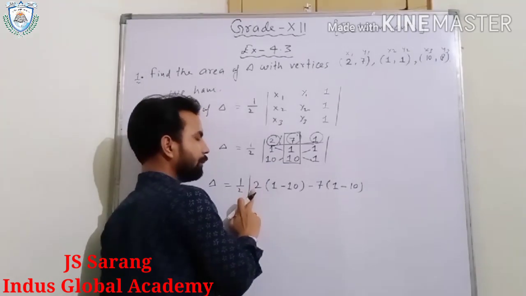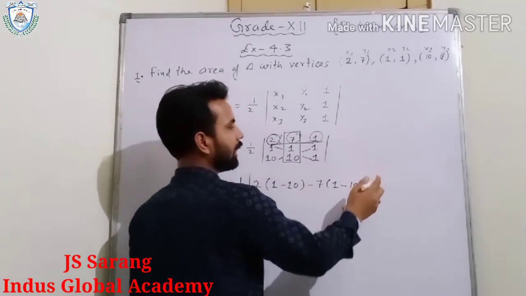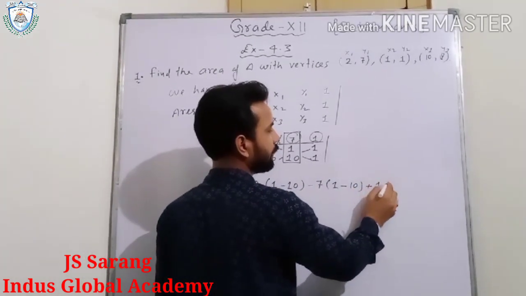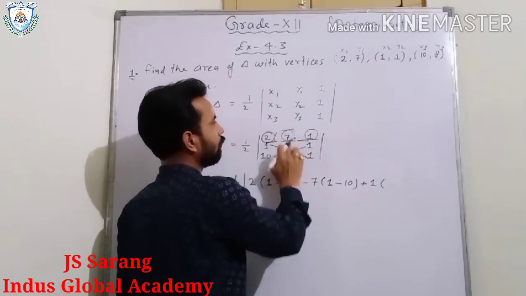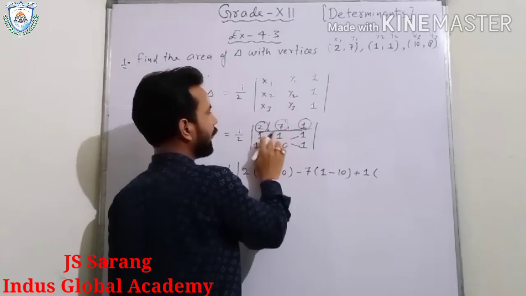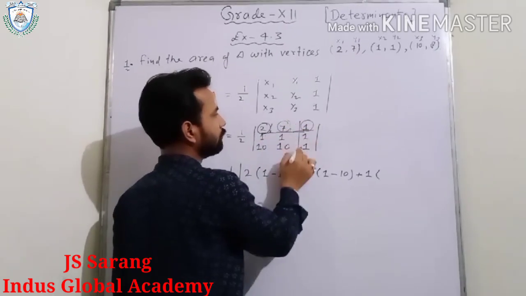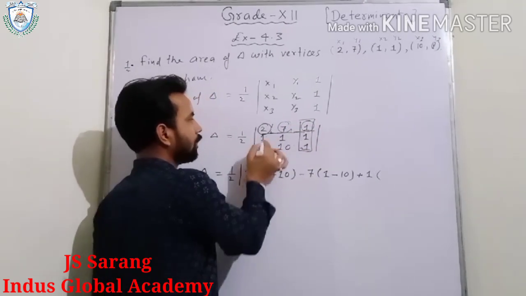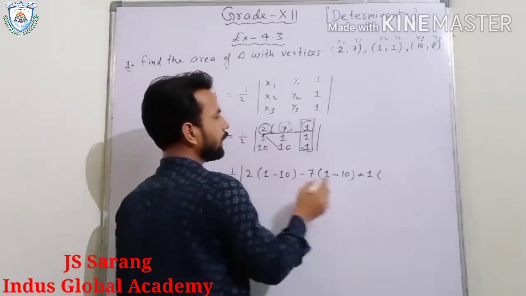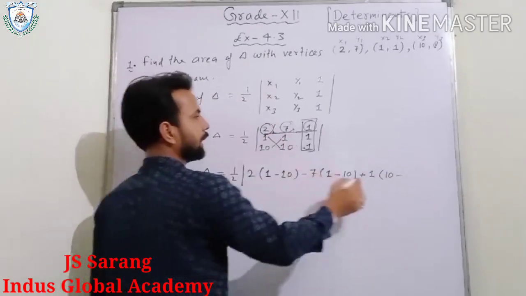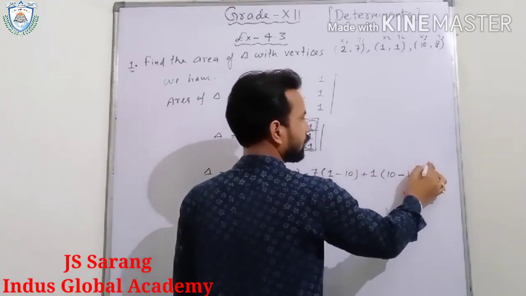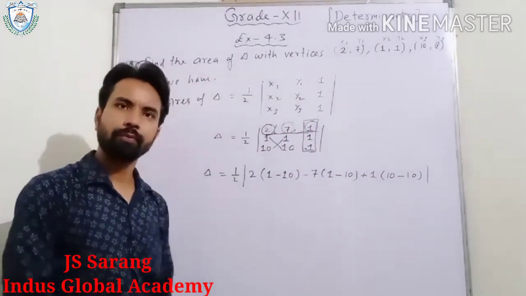The first element is positive, the second negative, the third again positive. Now we hide the first row and the third column and multiply: 1 into 10 is 10, minus 10 ones are 10. That is 0. Clear?